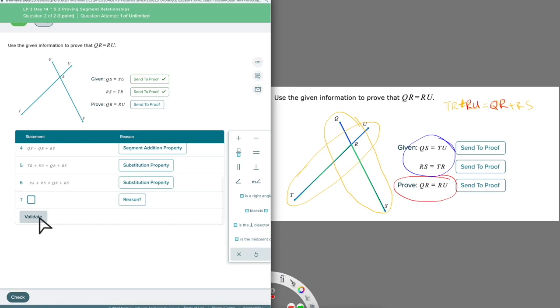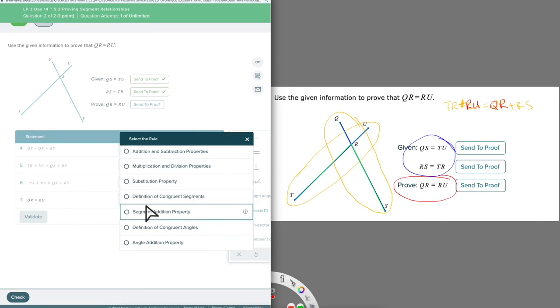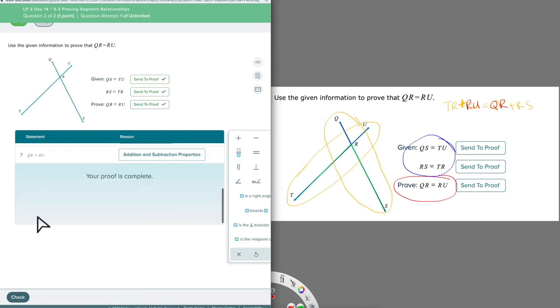So now I can subtract RS away, just like we did on that last one, and all I'm left with is this prove, which actually, if I remember, I can go up here and I can click prove. I don't need to necessarily type it all in, and I can just go down here and go to the addition subtraction properties. I subtracted it away and validate. And your proof is complete.